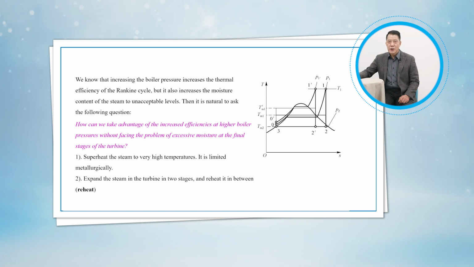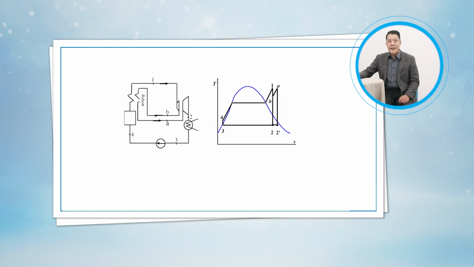The steady increase in boiler pressures over the years made it necessary to reintroduce single reheat in the late 1940s and double reheat in the early 1950s. The TS diagram of the ideal reheat Rankine cycle and the schematic of the power plant operating on this cycle are shown in Figure 11.10.